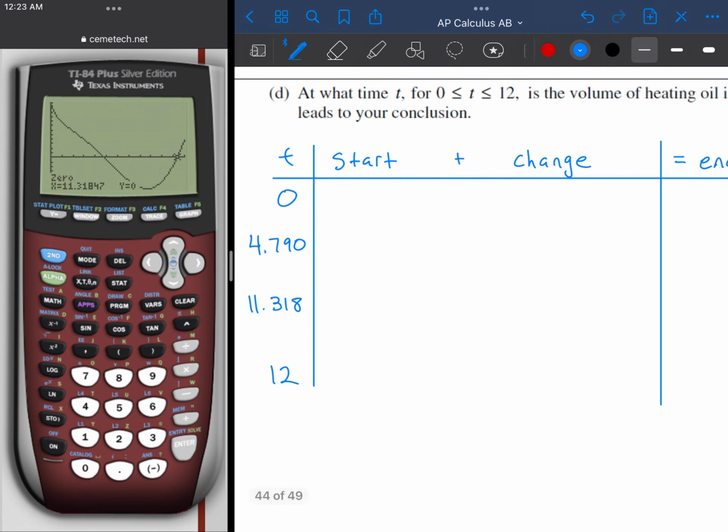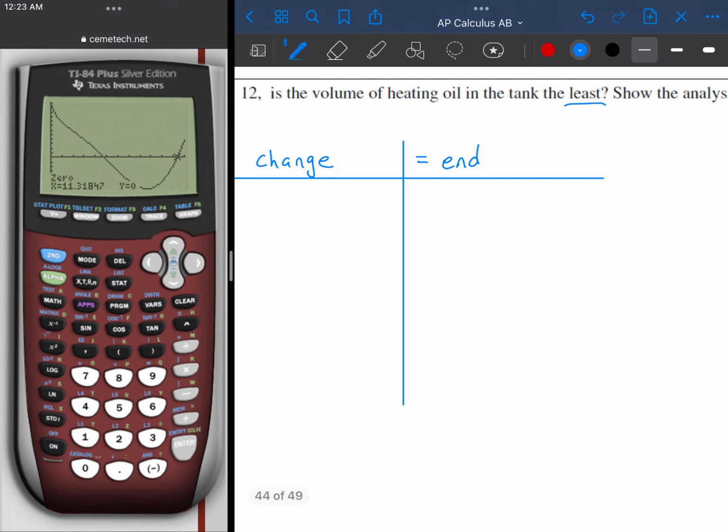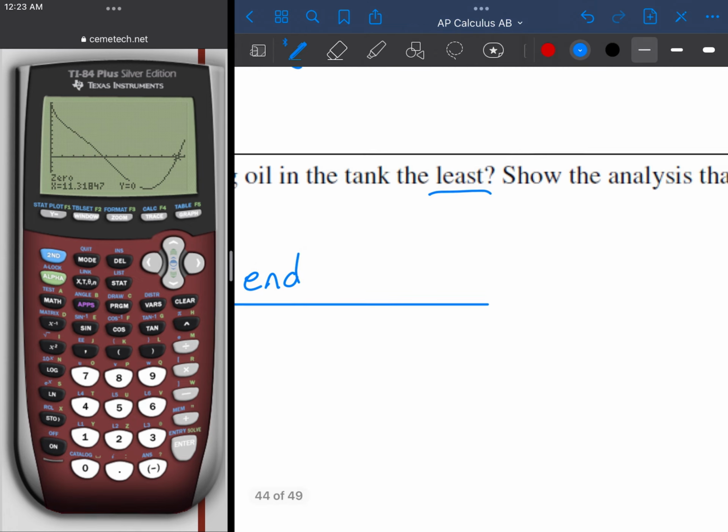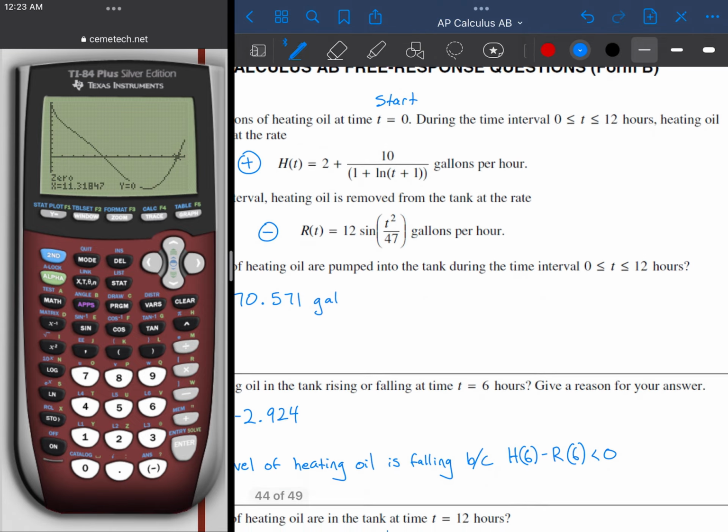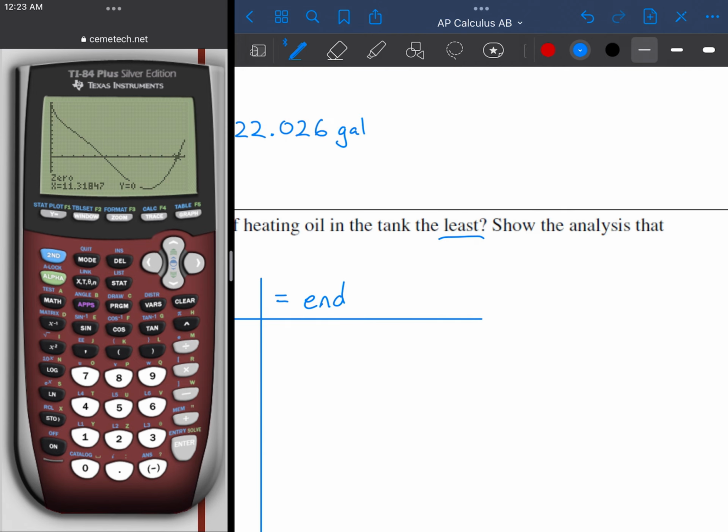All right, so one of these we don't need. Which one is it? Since we're looking for a smallest value, remember the definition. What is our function called again? Oh, it's h minus r. Well, I'm just going to call it f.